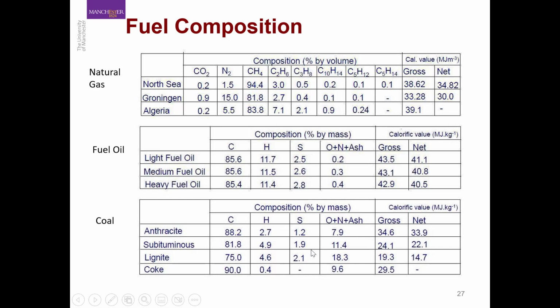That is also going to cost you for the treatment. That is why most of the time we use natural gas, because it is going to have much lower pollutant emission.